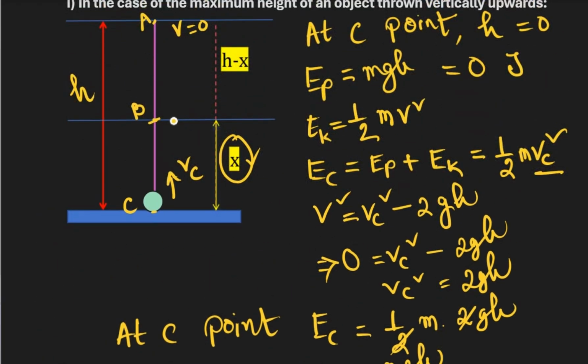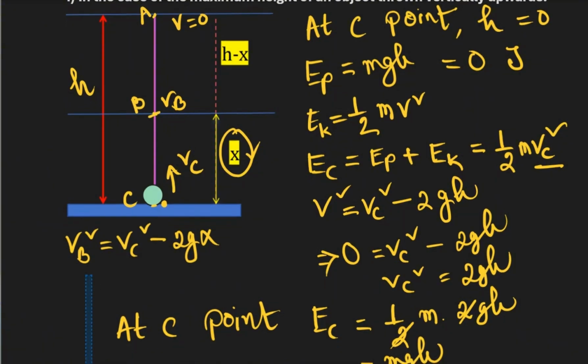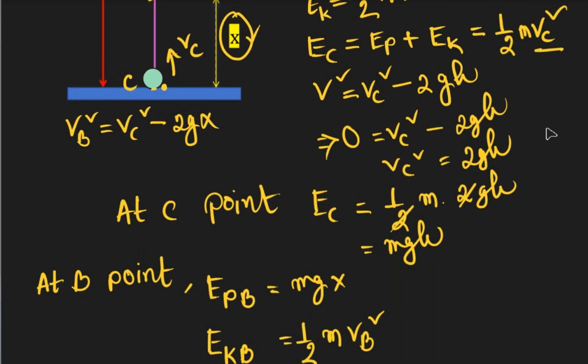Here is VC and here is VB, right? And the distance is x. So we can write VB square equals VC square minus 2gx. And what is the value of VC square? It is 2gh.